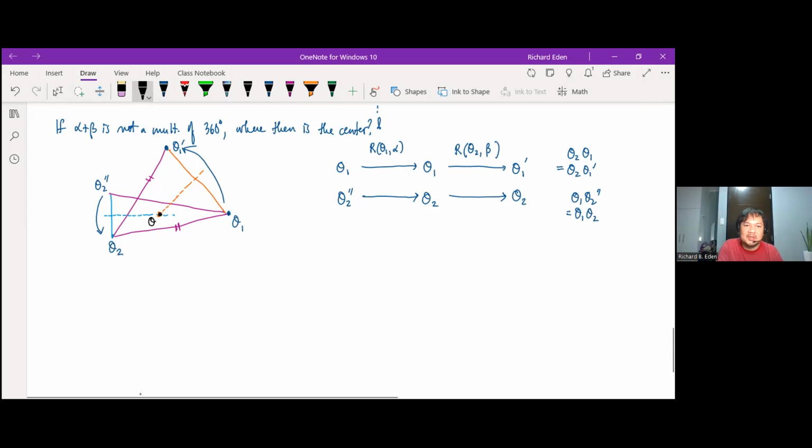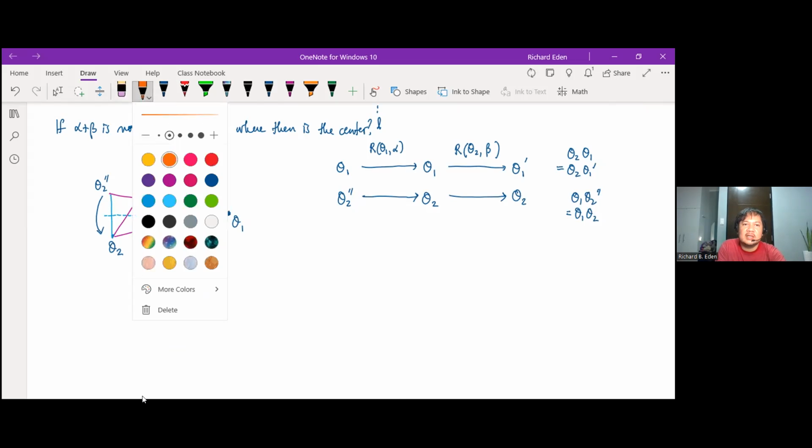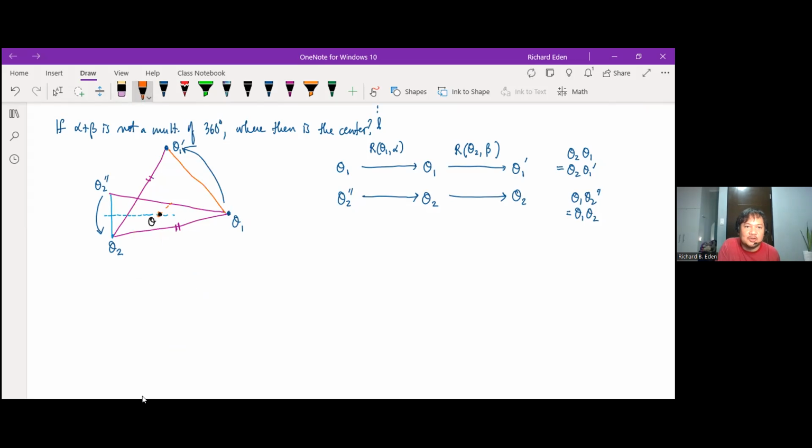Okay? But then, ganito. Sorry, no. I wasn't able to incorporate it into drawing. Actually, the perpendicular bisector of the orange segment should pass through O2 prime.